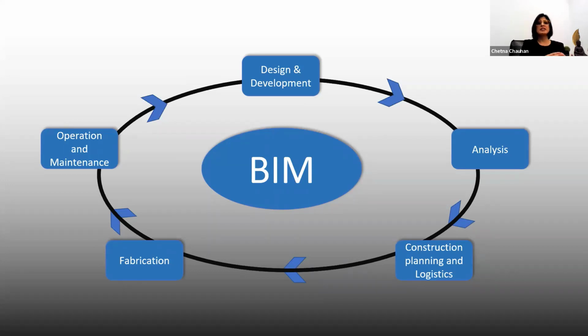Operations is basically when your project is ready, it is handed over to the client, and the client gives that building, that asset, to some other party to manage, to maintain. That is the operation and maintenance part of it. And at each stage of my project life cycle, I want some information.